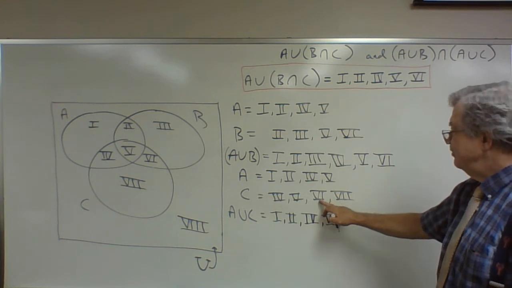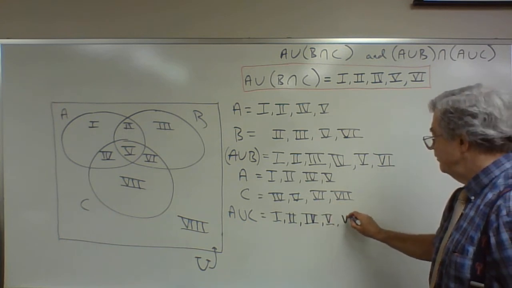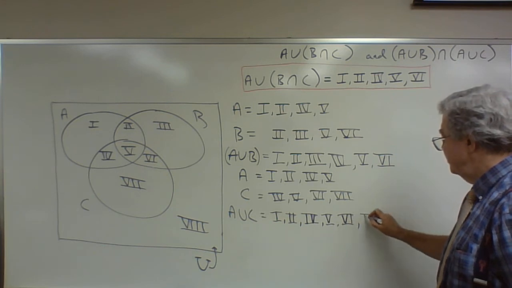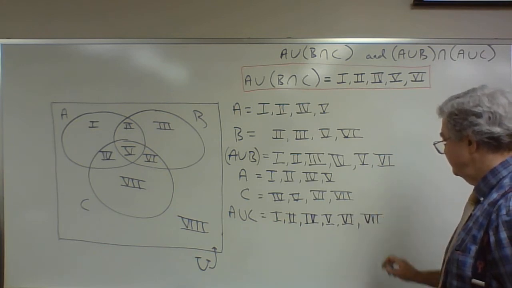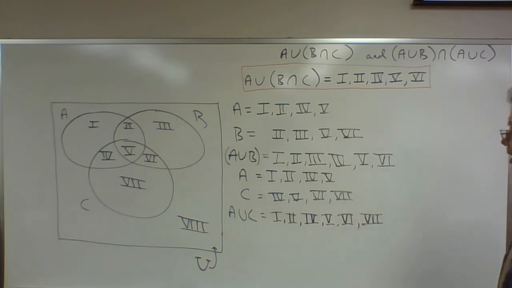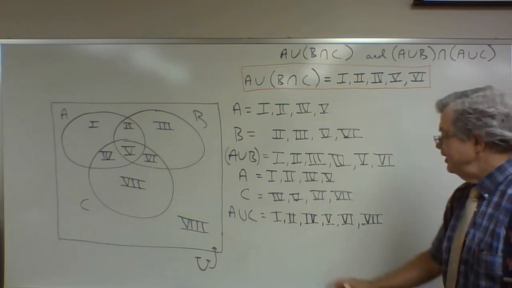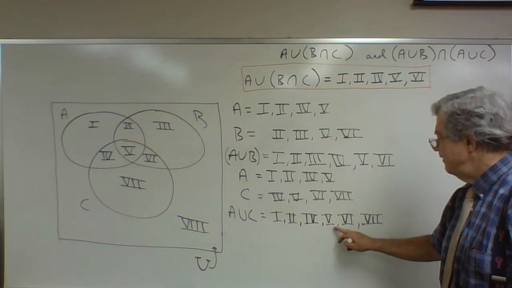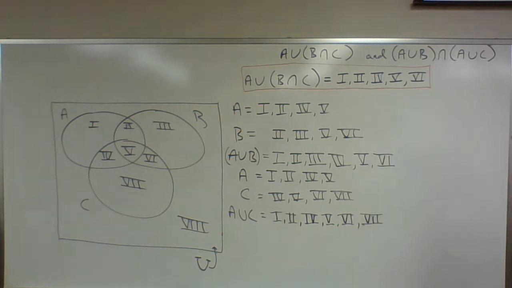We have region 6 in C and region 7 in C. So A union C is 1, 2, 4, 5, 6, 7.